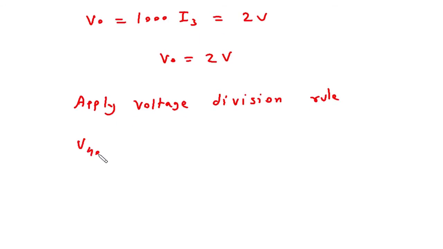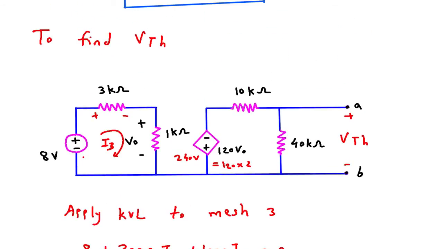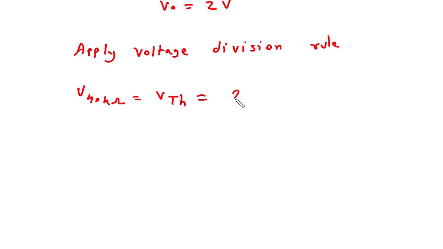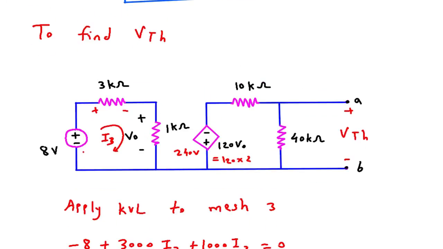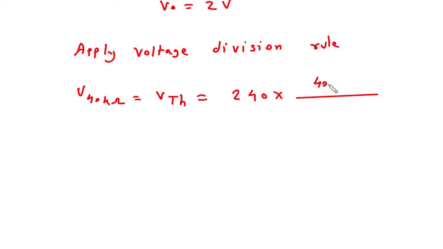V 40 kilo ohm is equal to VTH, is equal to this voltage, which is 240 volt, into 40,000 divided by 40,000 plus 10,000.